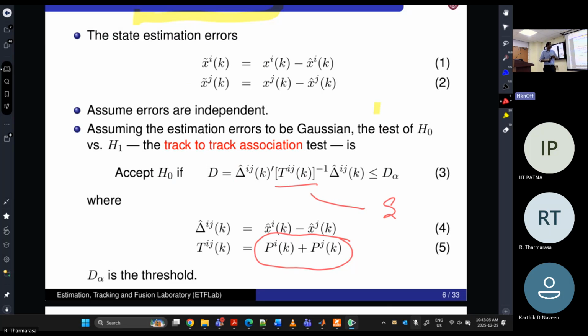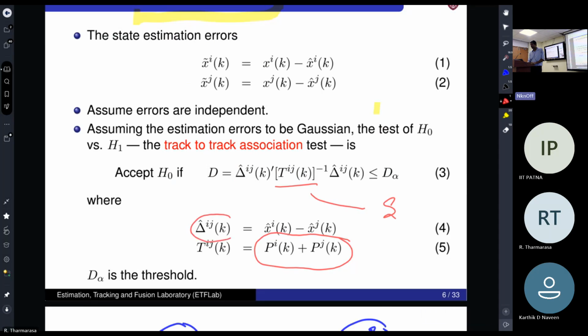Instead of S, we are adding these two covariances. And this delta, this D, is similar to the innovation that we have, right? In the normal Kalman filter.